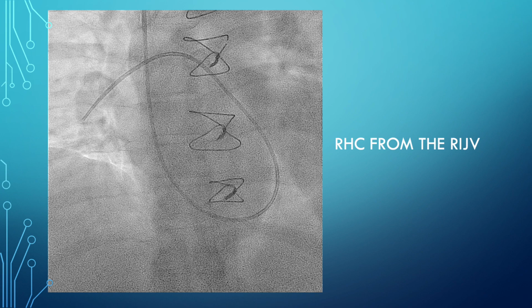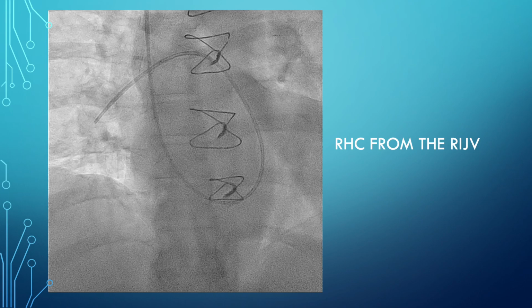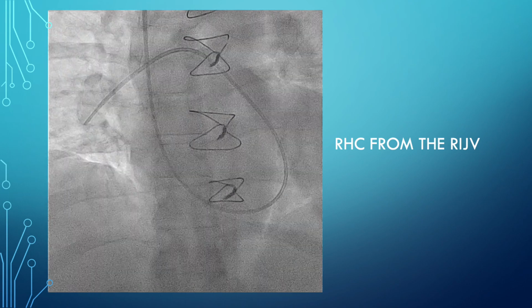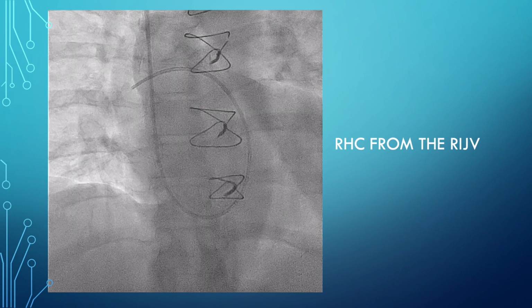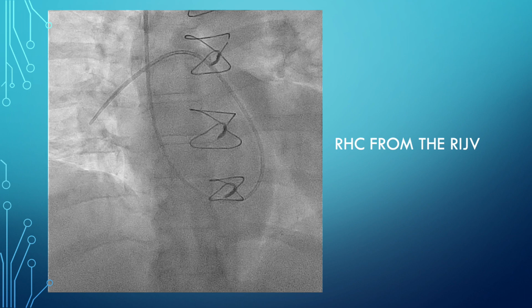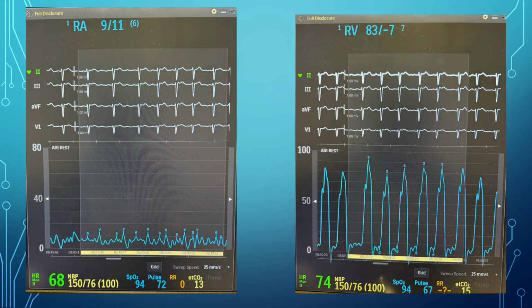And this is a real right heart cath, and you can see after the wedge we go back and we reach the pulmonary artery. And here is a real picture.